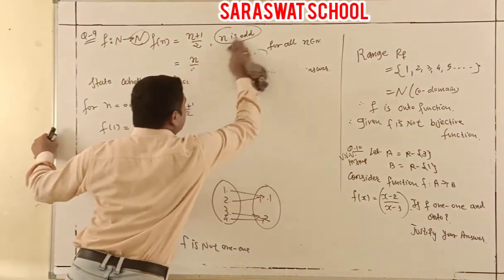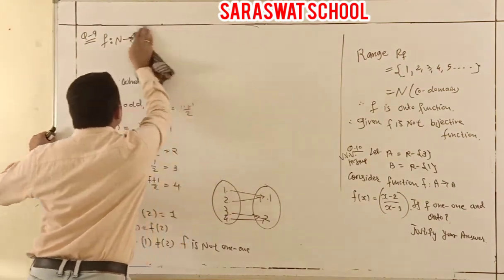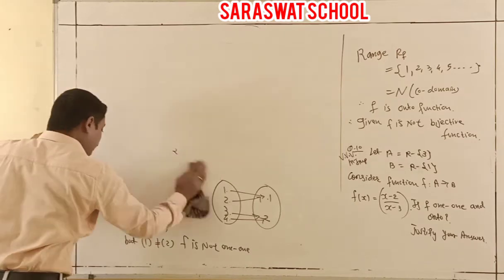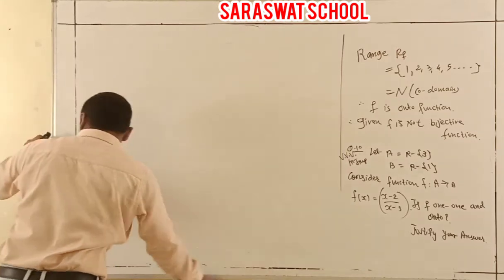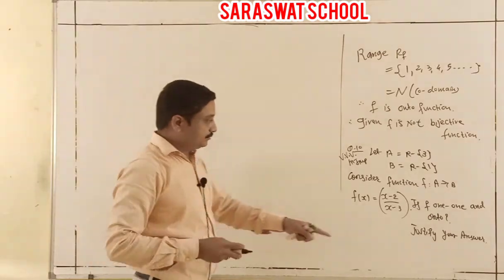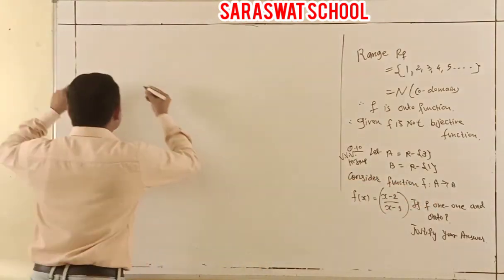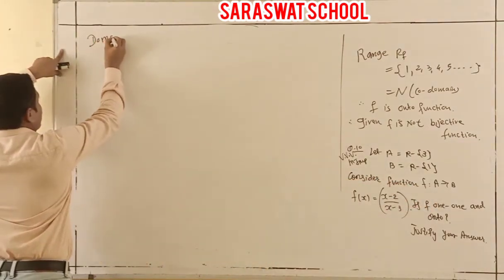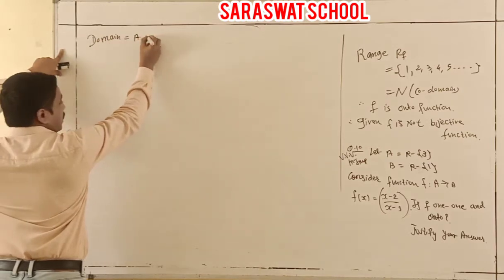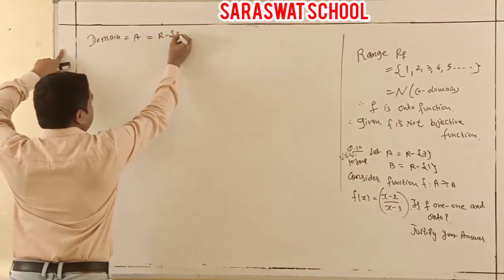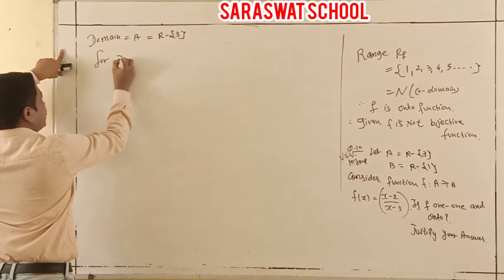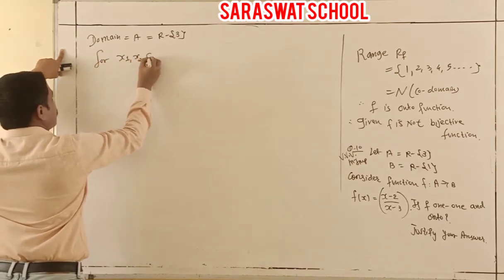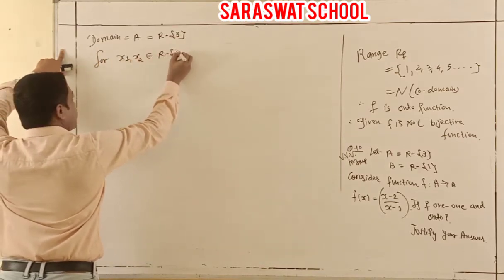Similarly, I am going to first of all check one-one, and after that check onto. So this is your domain A. What is my domain? A, and A I have known as R minus 3. So we take x1, x2 belonging to R minus 3.